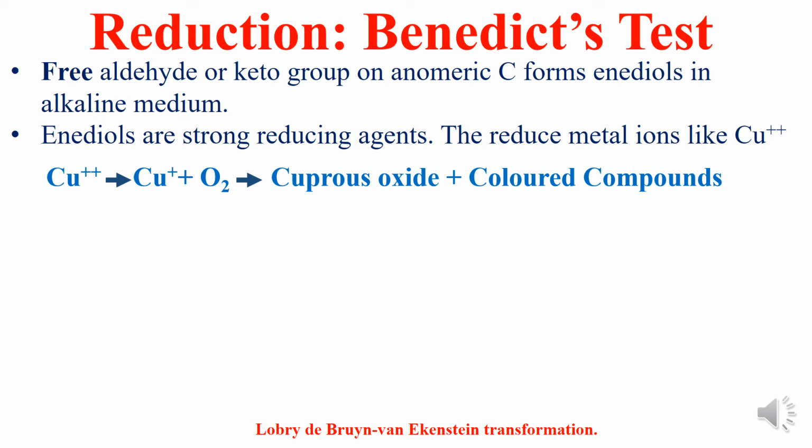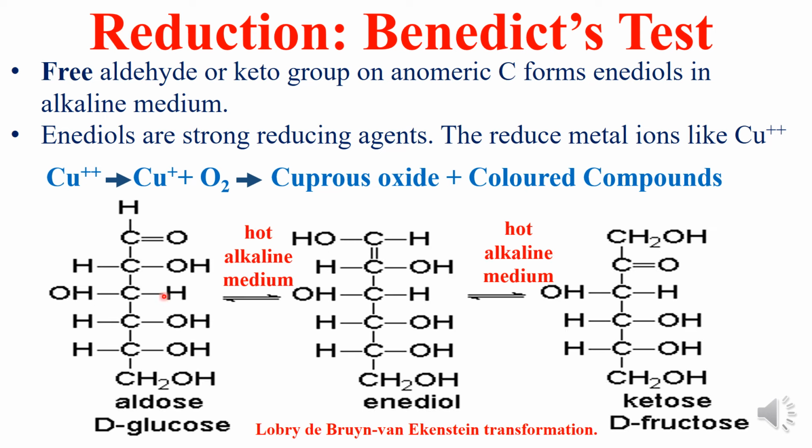So the cupric ion is converted to cuprous and it reacts with oxygen to form cuprous oxide, and it forms various colored compounds. This is happening in alkaline medium, and you can see here that alpha D glucose and alpha D fructose in the presence of hot alkaline medium are getting converted to an enediol, which involves the introduction of a double bond between the first carbon and the second carbon.